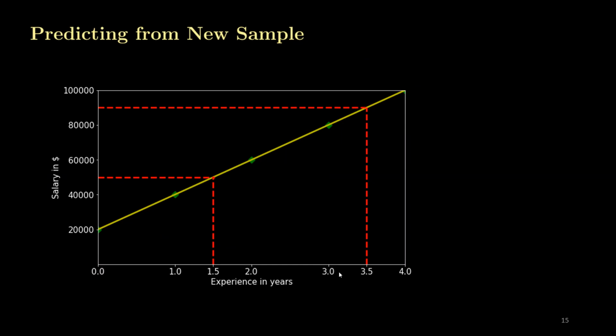Similarly, if I give a new test sample of 3.5 years, it should be able to predict the salary of a person whose experience is 3.5 years. So the requirement from the regression model is that after training, it should be able to predict the dependent quantity if a new value of the independent quantity is given to the model.